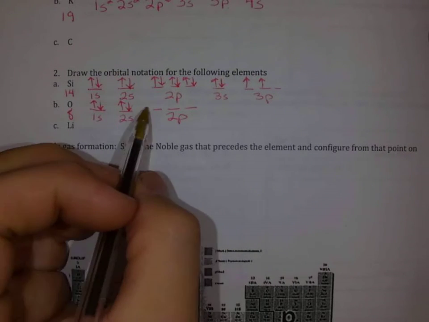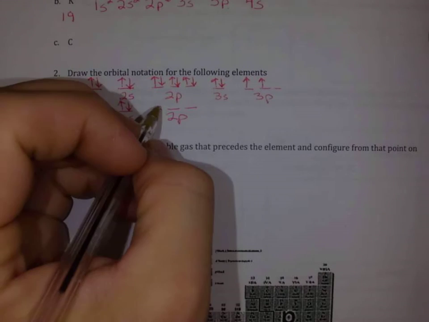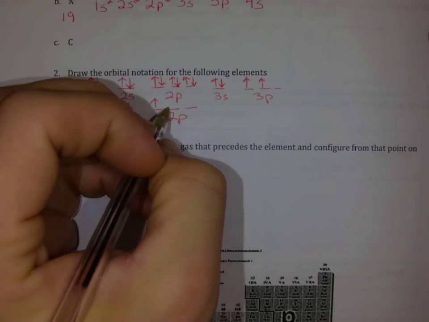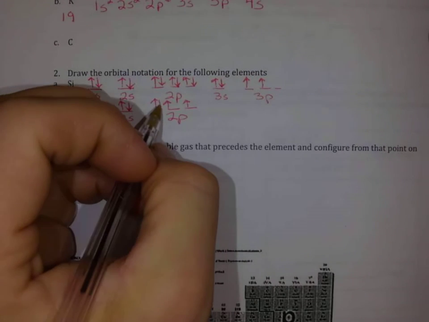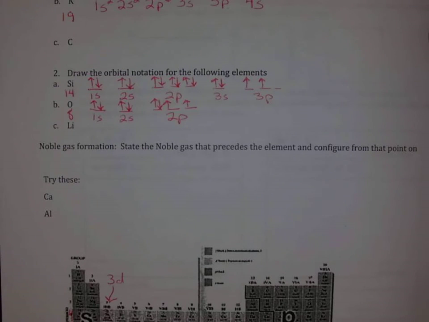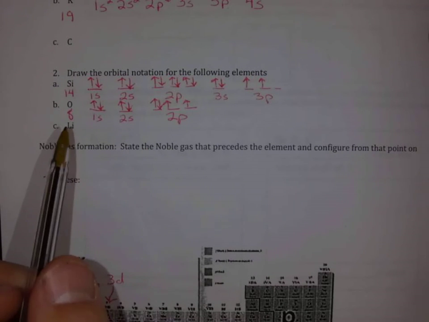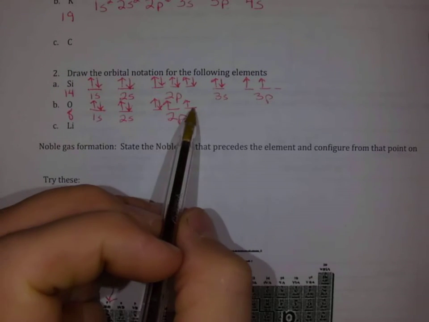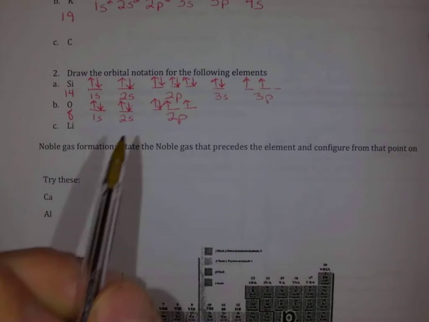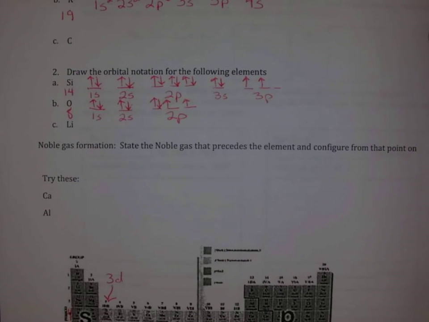That's 4, I have 4 electrons left. So I'm going to put 1 electron into each orbital. And then I'm going to add 1 more electron to finish my 8. Okay, so oxygen here would have 2 unpaired electrons and 2 paired electrons in our 2p orbital. Okay, so see if you can do lithium here now.